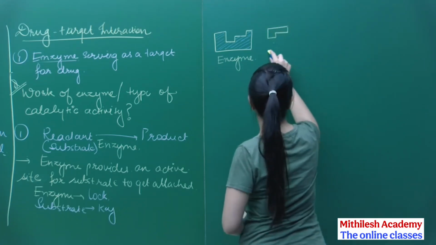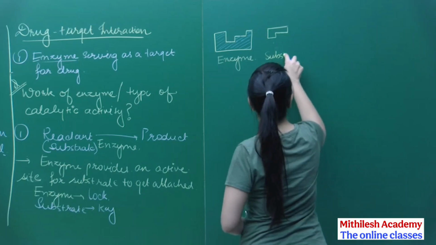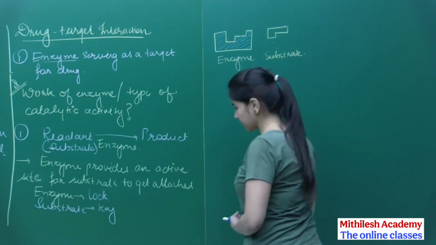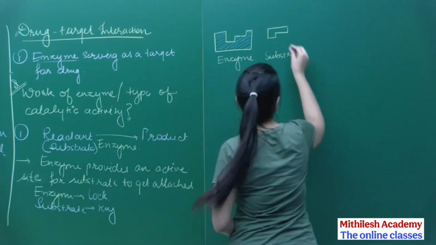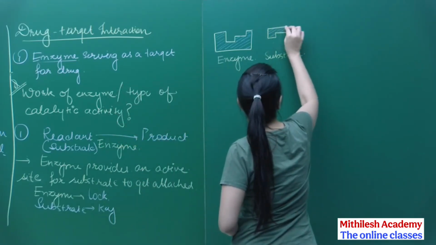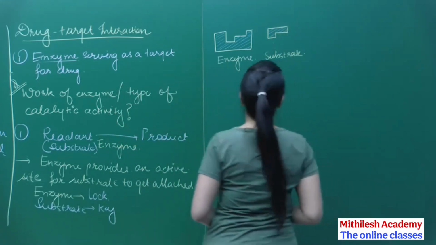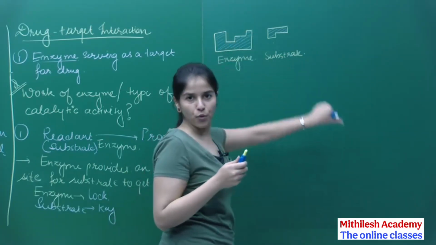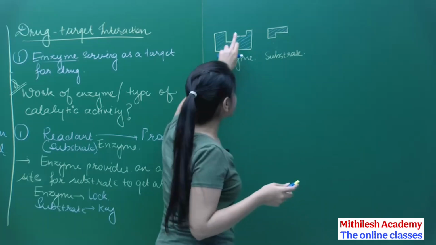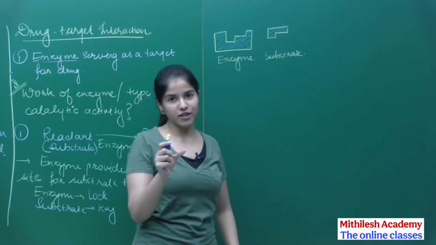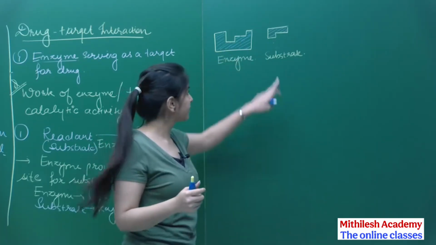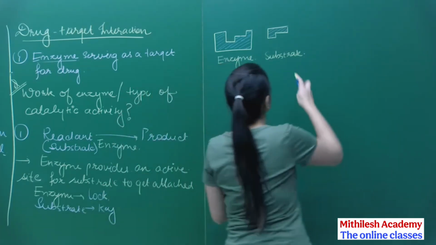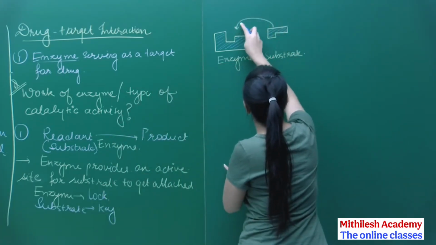That is nothing but a substrate over here. So this substrate has a shape which can easily fit in over here. So that means this enzyme is providing a favorable site, an active site onto which the substrate can get attached. So here the attachment would be done something like this.